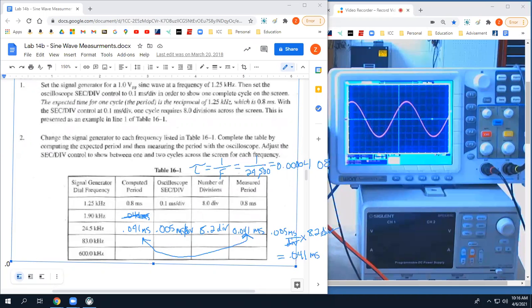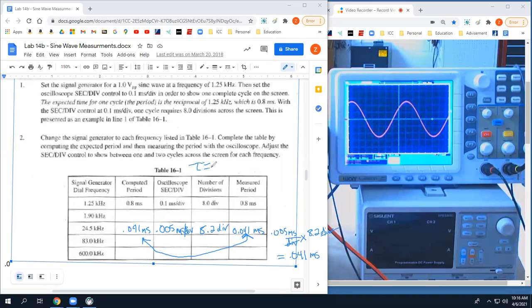For this one, for 1.90 kilohertz. Do you remember how to find, if we have a frequency, how do we find the period? Remember that formula? Yep.